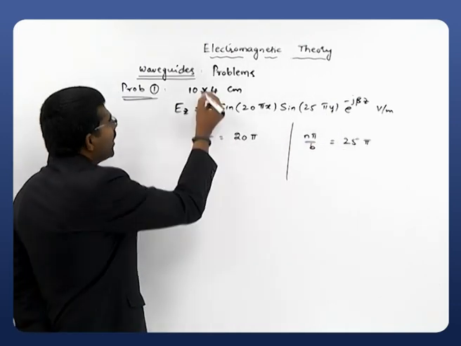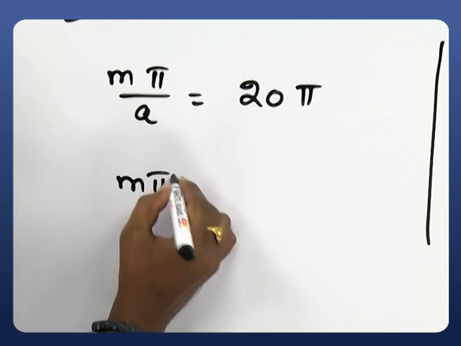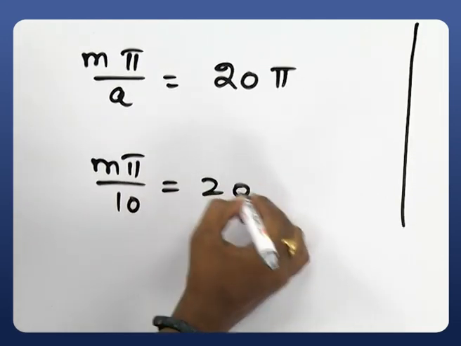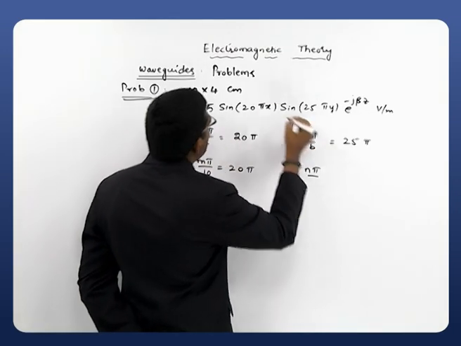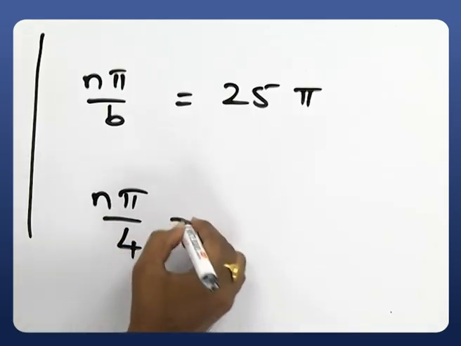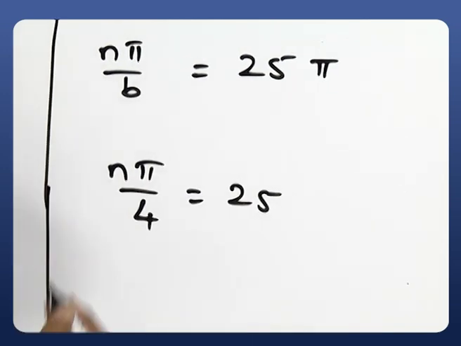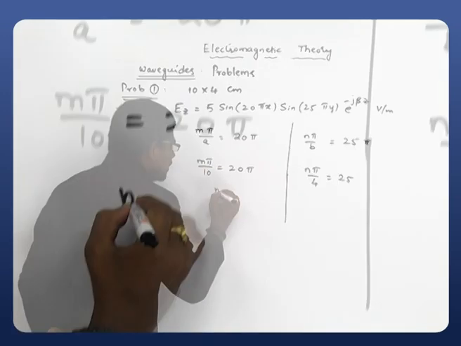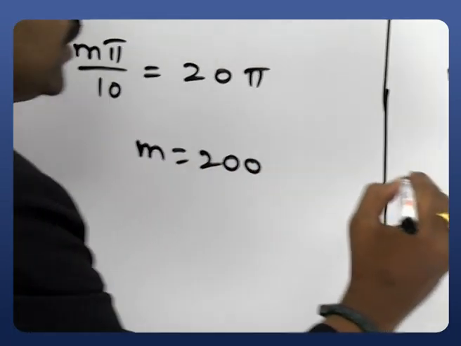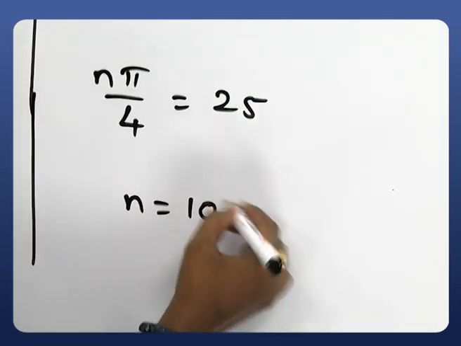Now substitute a = 10, that is mπ/10 = 20π, and here it is nπ/4 = 25π. After simplification, what do you get here? m = 200, n = 100.